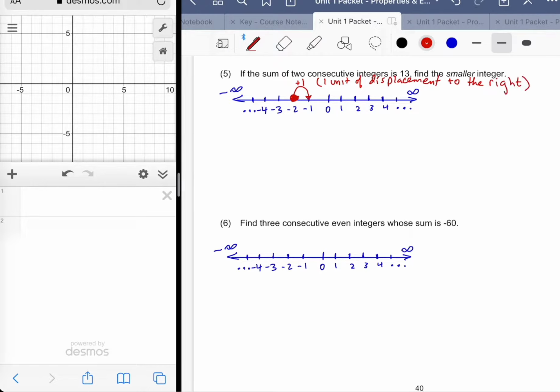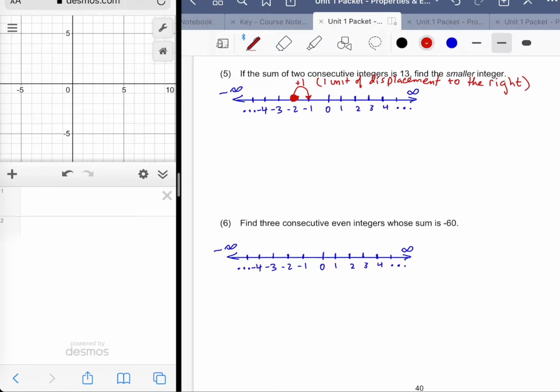That's what it means to be consecutive. There's only 1 unit of displacement, 1 unit of movement, if you want.